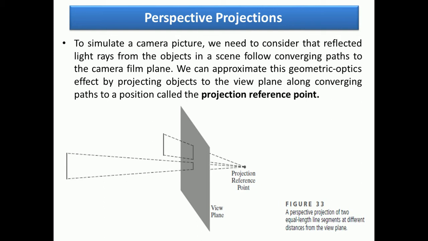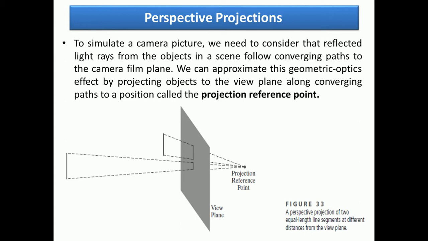Although a parallel projection view of a scene is easy to generate and preserves the relative proportions of the object, it does not provide a realistic representation. To simulate a camera picture, we need to consider that reflected light rays from the object in a scene should follow a converging path to the camera film plane.